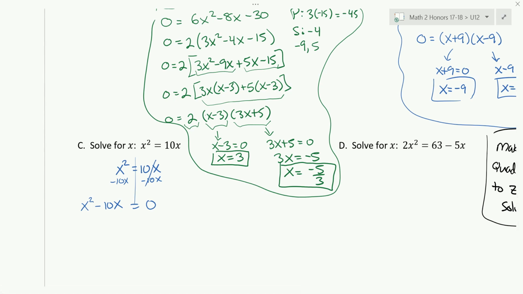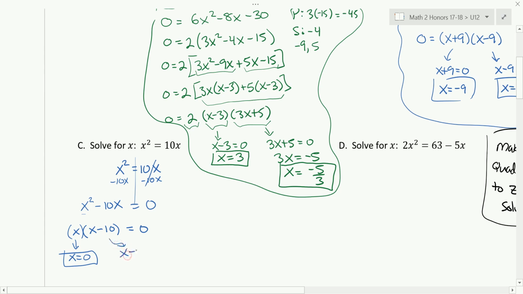It's the most basic kind of factoring. You can divide them both by x, or factor an x out. You get x times x minus 10. And you got two factors. So you set x equal to 0. There's one of your answers. You set x minus 10 equal to 0. You got your second one, x equals 10.